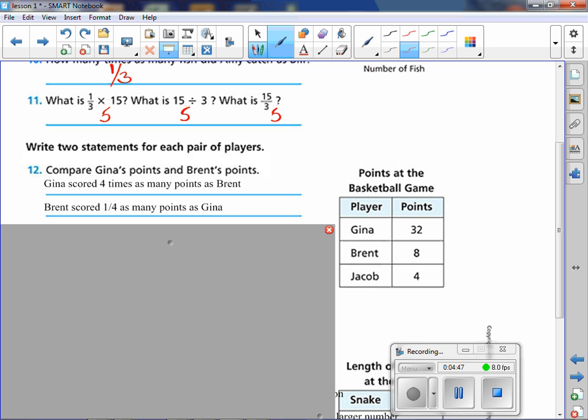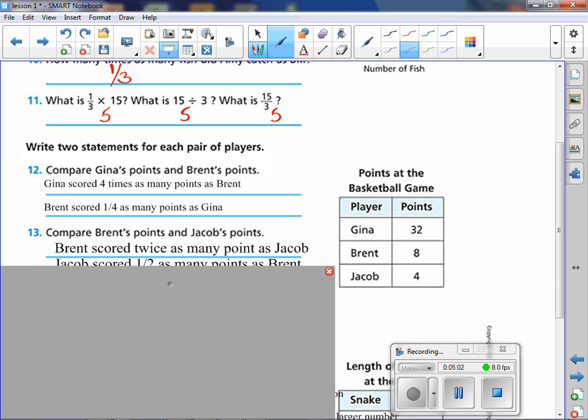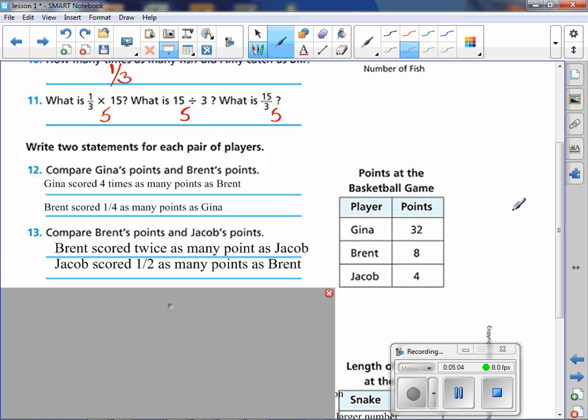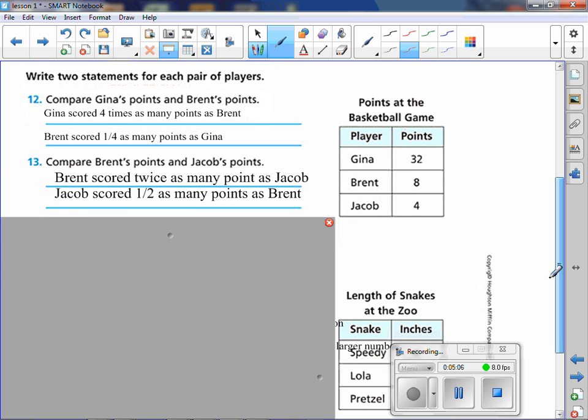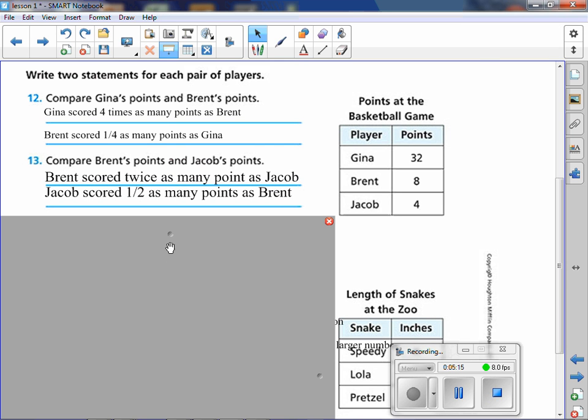That means Brett scored 1/4 as many points as Gina, because 32 divided by 4 is 8. If we compare Brent and Jacob's score, you should notice that Jacob scored half as many points as Brent, or Brent scored twice as many points as Jacob. If you need to pause to write those down, I know I'm going pretty fast there. Feel free to pause at any point to make sure you have this information written down.